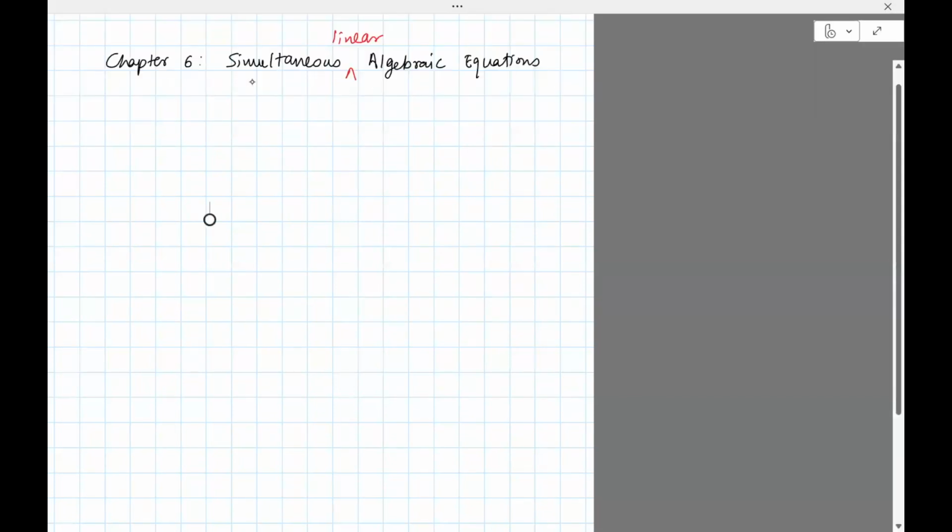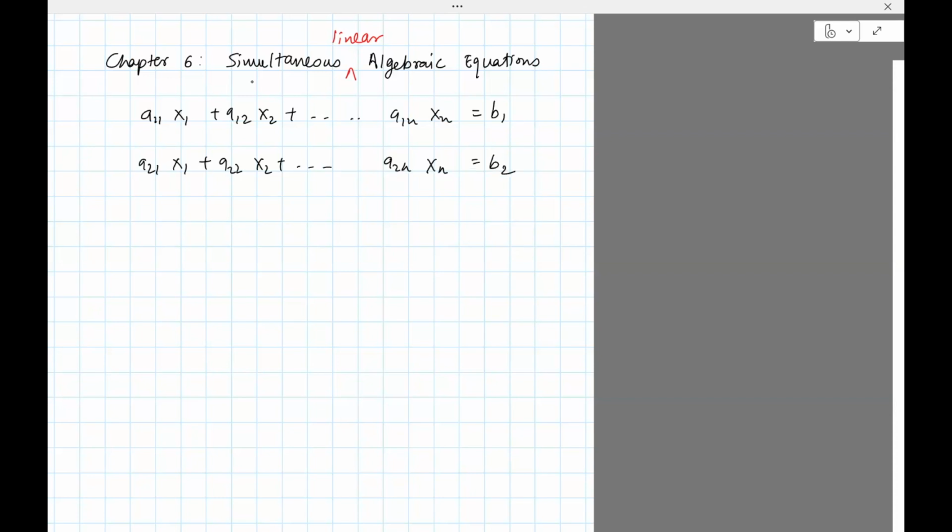So what does a system look like? A system of equations looks something like this: a11 x1 plus a12 x2 plus so on, a1n xn equals b1, a21 x1 plus a22 x2 plus so on, a2n xn equals b2, and it just keeps going till an1 x1 plus an2 x2 plus so on, ann xn equals bn.